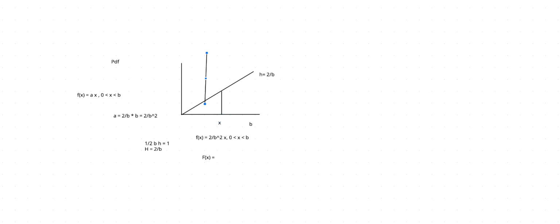It's the base, which is x, times the height. The height is f of x, which is 2 over b squared times x.